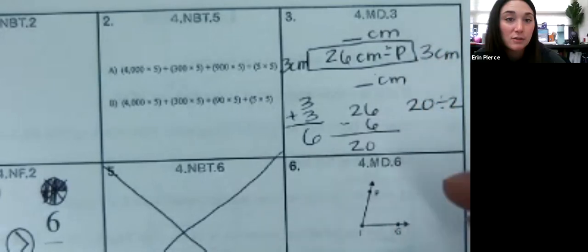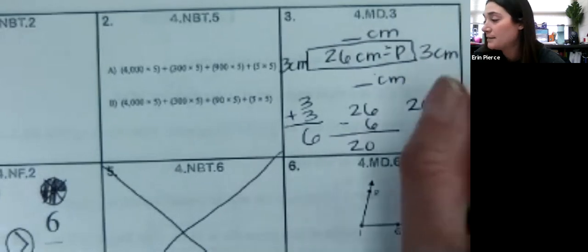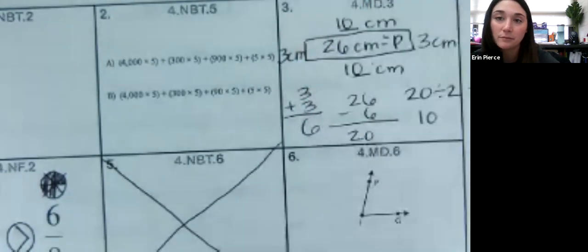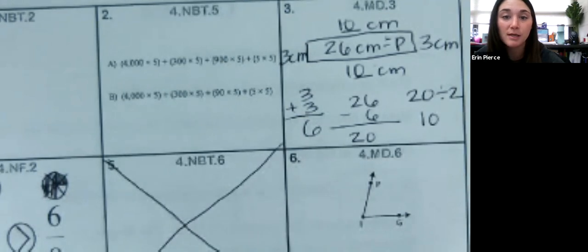And when I split 20 equally, divided by 2, I get 10. So I have 10 and 10. 10 plus 10 plus 3 plus 3 will give me 26. What is one more?